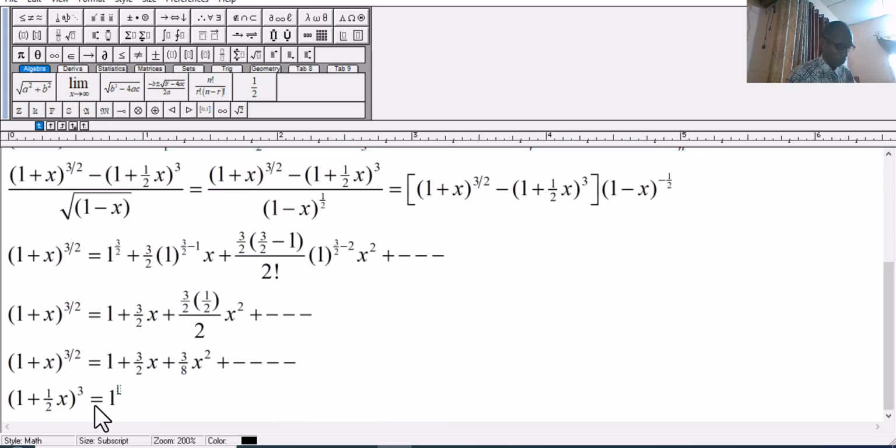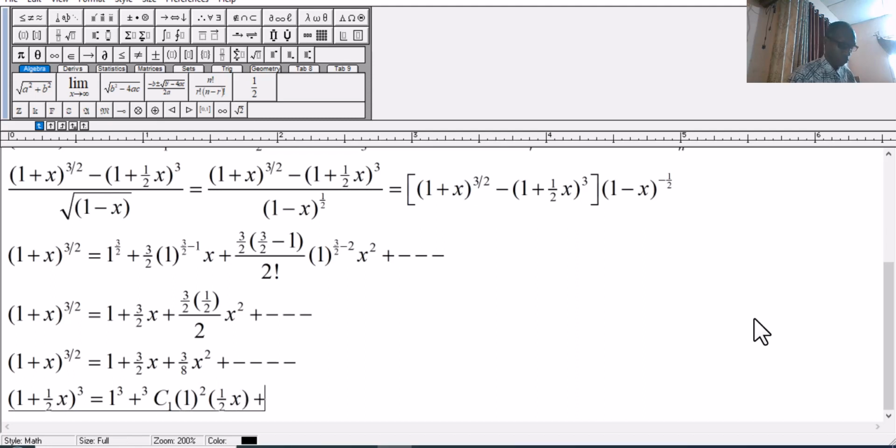So the first one will be 1 raised to the power of 3. The next one will be 3 combination 1, then 1 over 2 x.